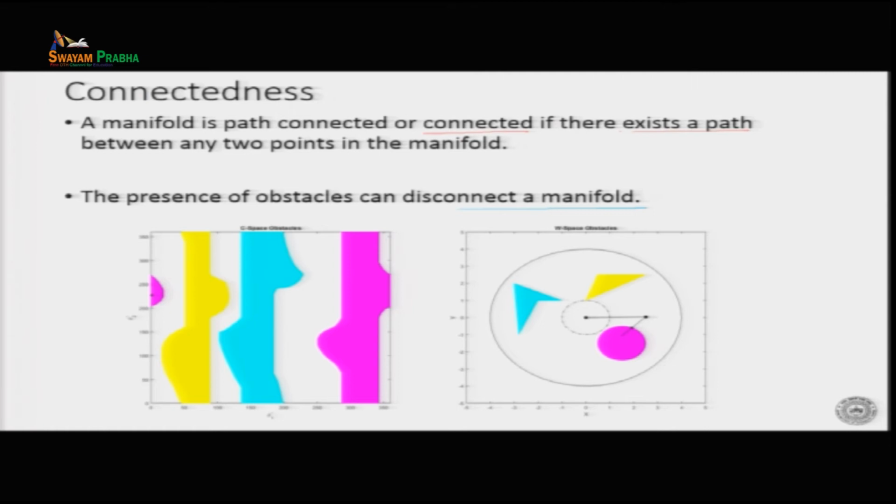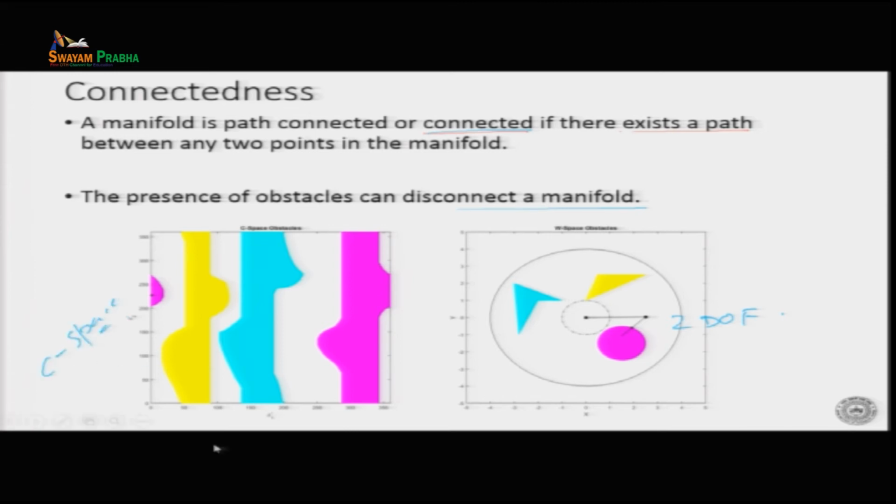The example I showed is a 2 degree of freedom arm with obstacles. What these obstacles are doing is breaking the connectedness of this C space.